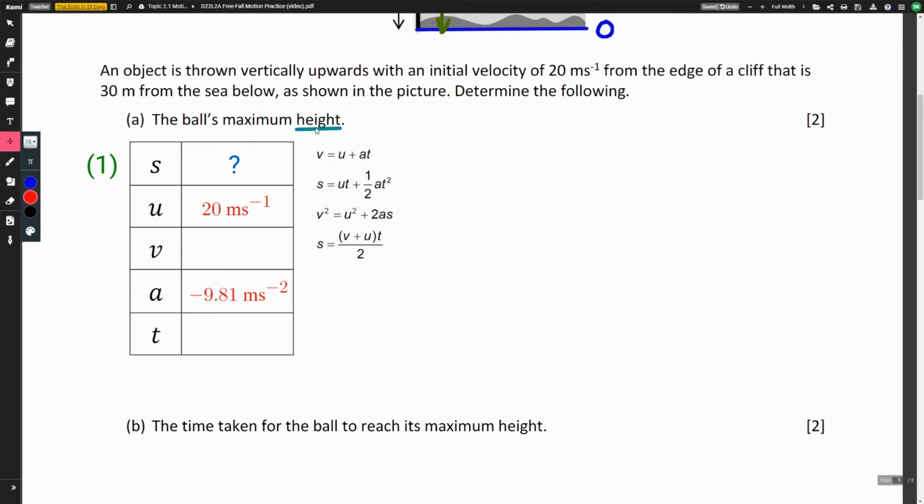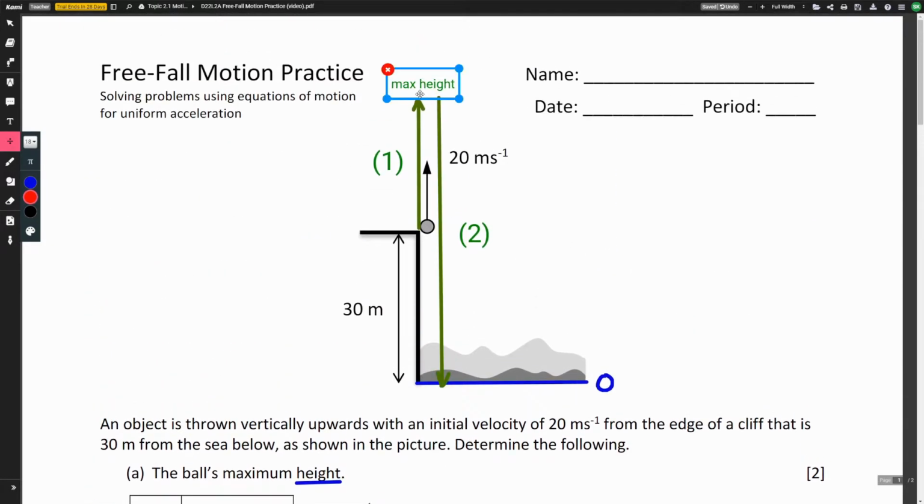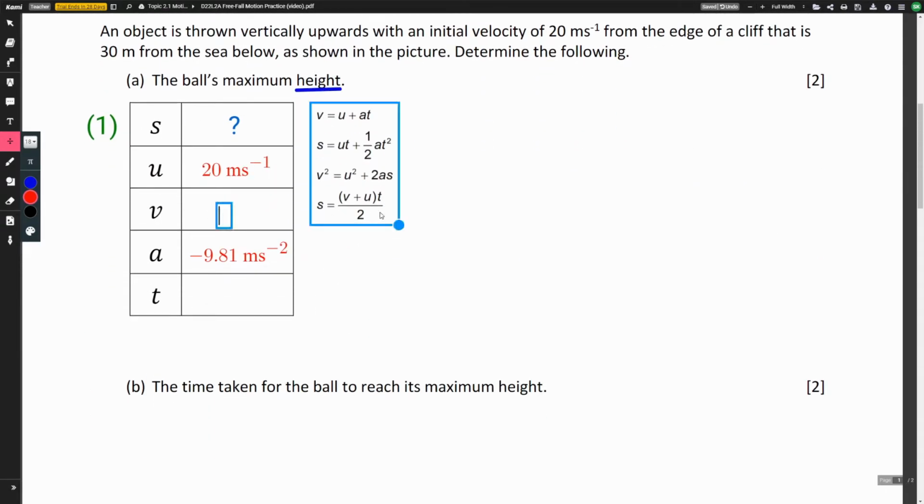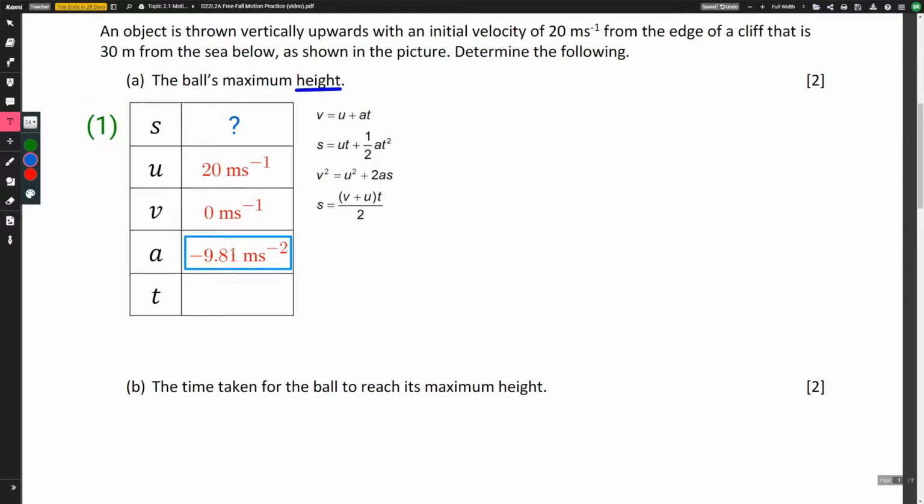We also know that at the maximum height, the velocity is 0. Even though it never said that anywhere, we know it from logical thinking. So it must reach a final velocity of 0 at the highest point. Those are the three quantities we know, and the other two are the ones we don't know: the displacement and the time.